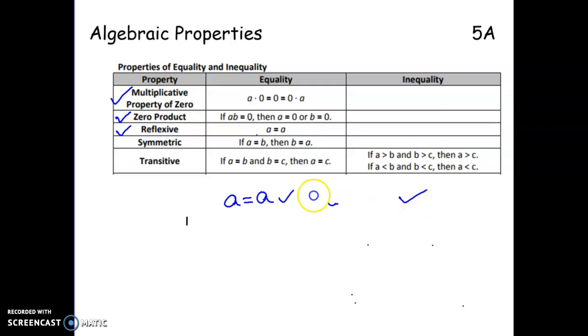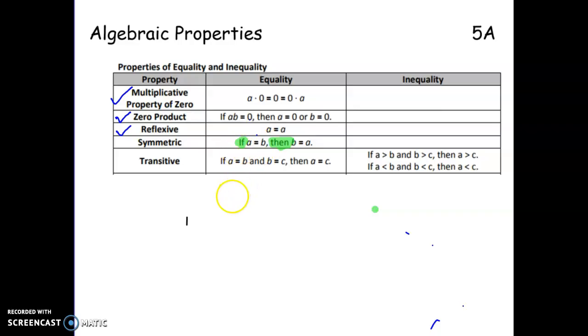The symmetric property actually is important. It looks almost like the commutative property. It looks like you're switching the order around, but it's not quite. The symmetric property, and this is important, has in it the words if and then. It has to have the words if and then in there.